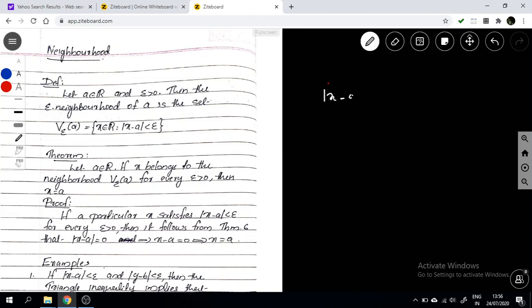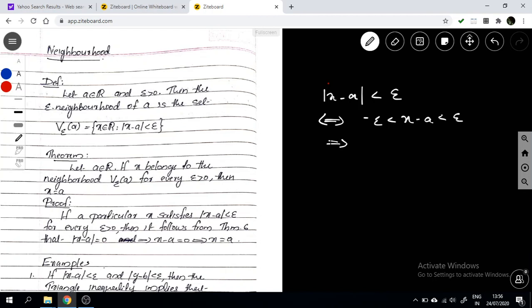Modulus of x minus a less than epsilon. This is if and only if minus epsilon less than x minus a less than epsilon.